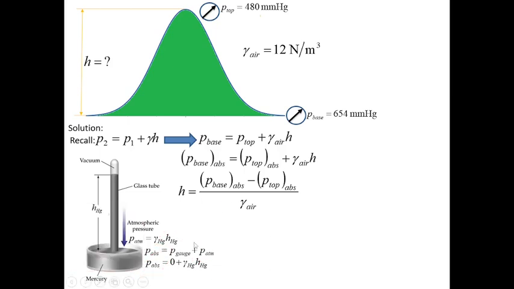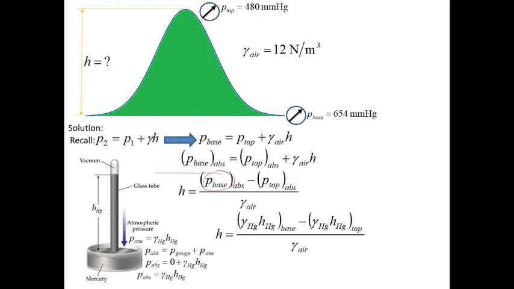Now, the absolute pressure is simplified as gamma h for mercury. So here, the absolute pressure at the base is simply the unit weight of mercury times the height of mercury at the base. That is already in absolute form.